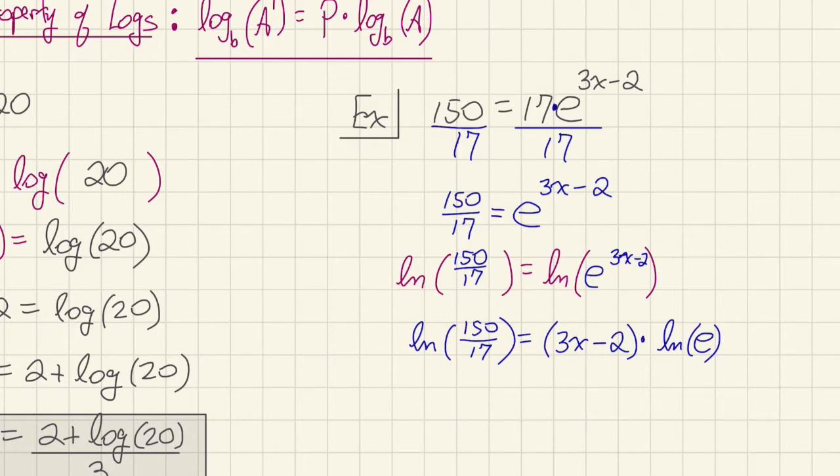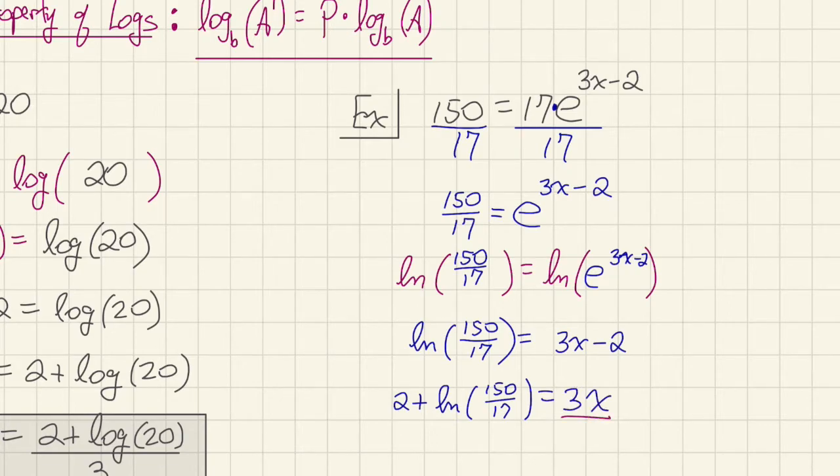And then I'm going to go through and solve for x. So if ln of e is equal to 1, I basically don't have any of this around, because 1 times anything is itself. And then I can start solving for x. So add 2. So this becomes 2 plus ln of 150 over 17 is equal to 3x.